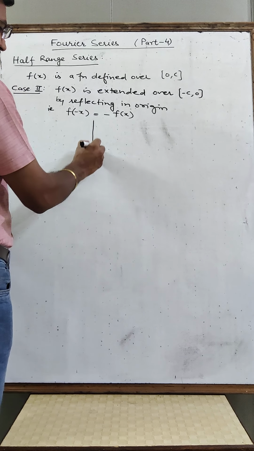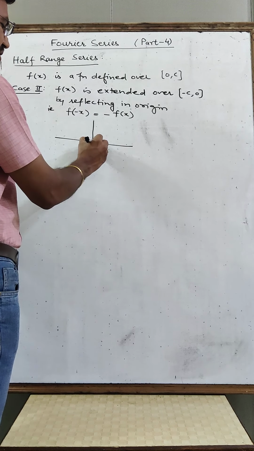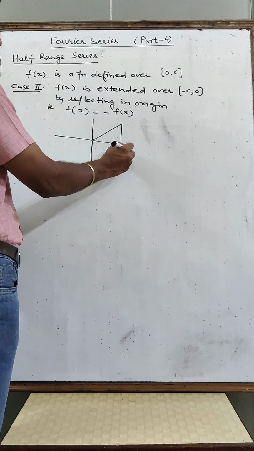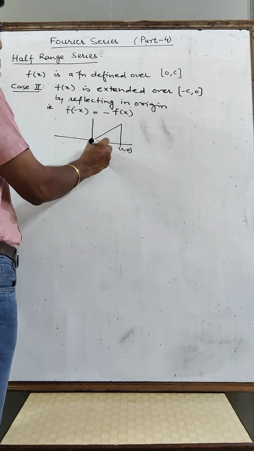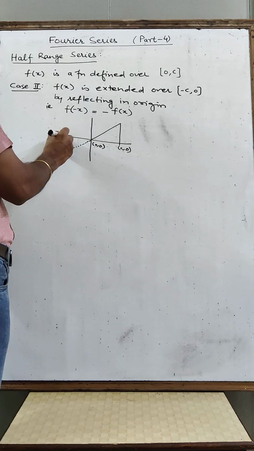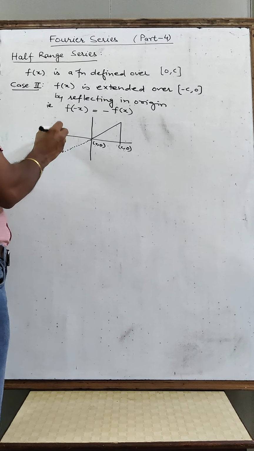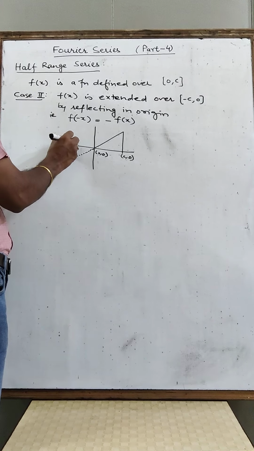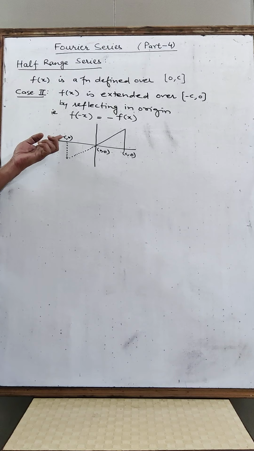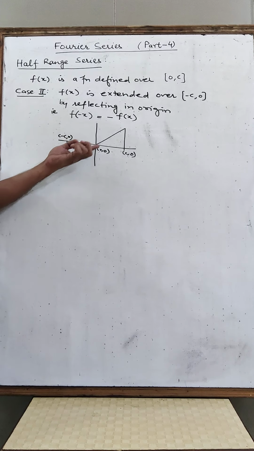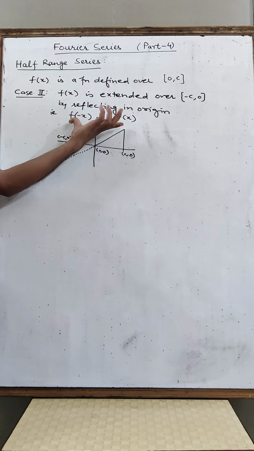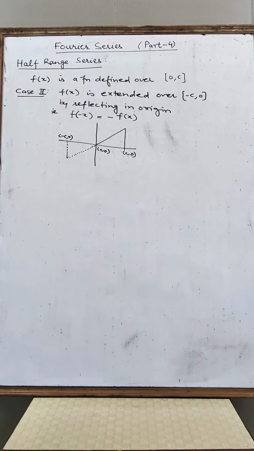That is like this. Suppose this is the graph of the function over the interval 0 to c. So like that, by reflecting it in origin, we will extend our function over the interval minus c to 0. Reflecting it in origin means we took the odd function.